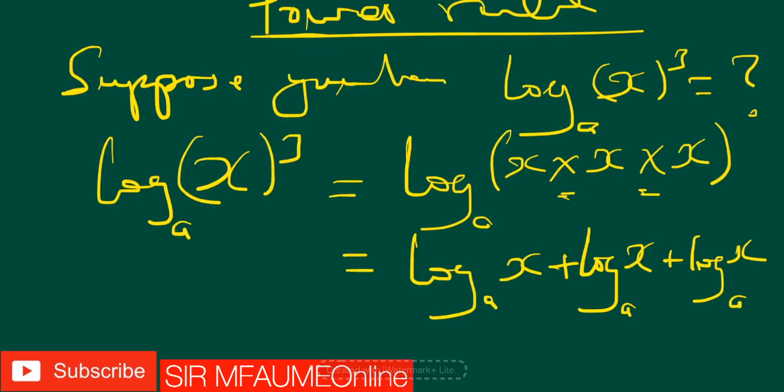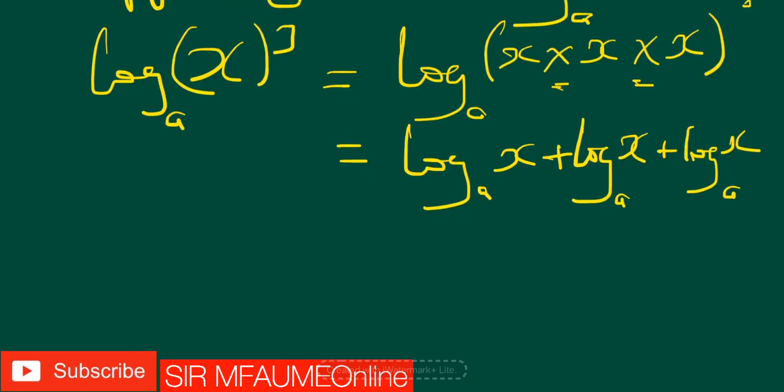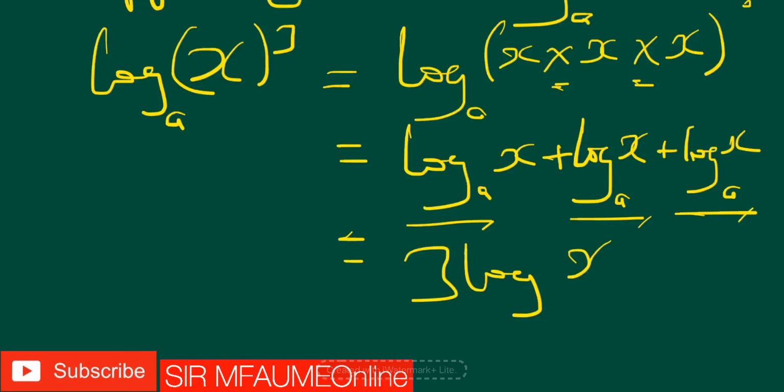This is because here we have multiplication, and multiplication becomes addition according to the product rule of logarithm. Now we have to proceed from there. When you take log x base a plus log x base a plus log x base a, you will find it equals 3 log x base a.